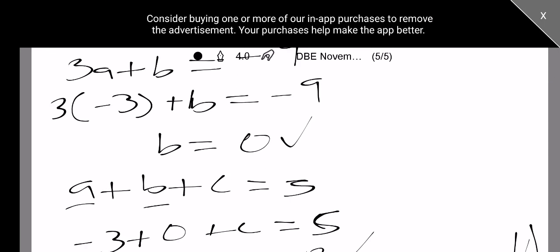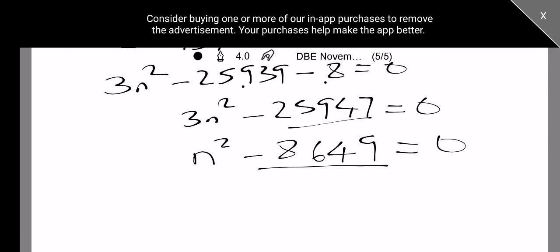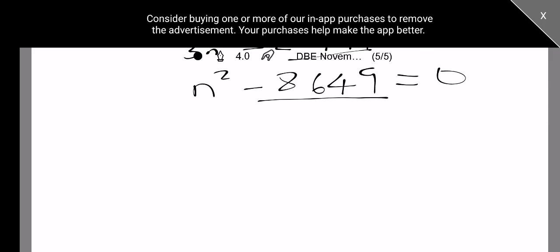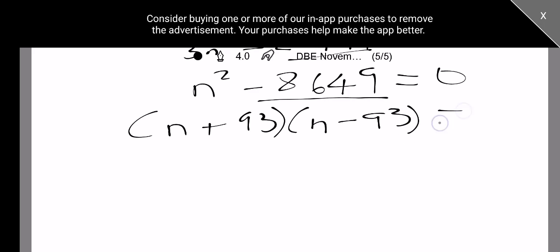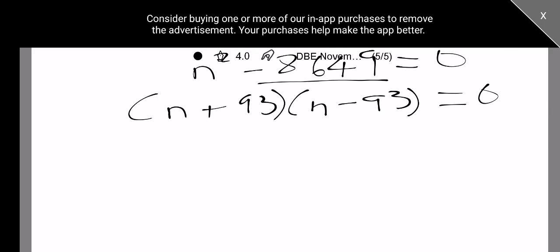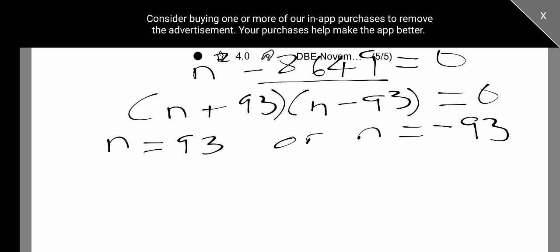So this is a difference of two squares. We're going to have n plus 93 times n minus 93 equals 0. Now n equals 93 or n equals negative 93.